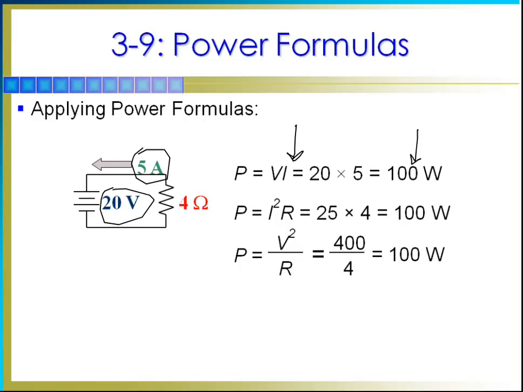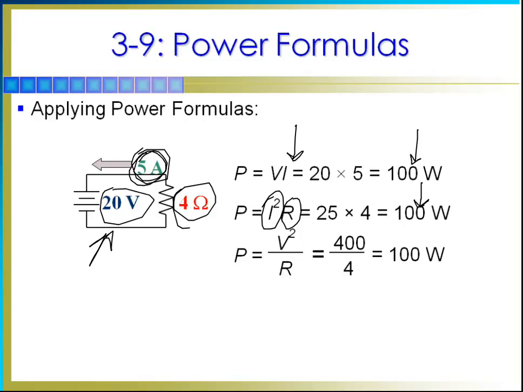Substituting, I know my current, I know my resistance. Who cares what voltage is at this point? If I've got 5 amps of current squared times my resistance, 25 times 4 equals 100 watts. That seems to be the same.